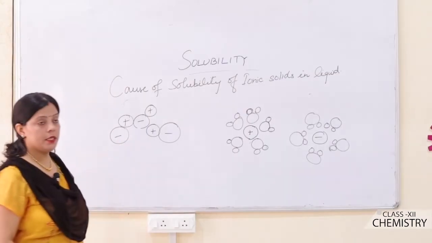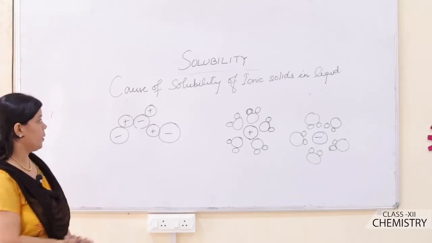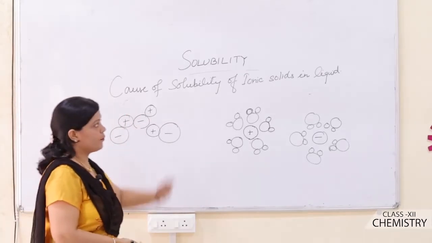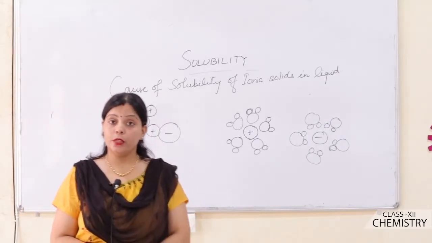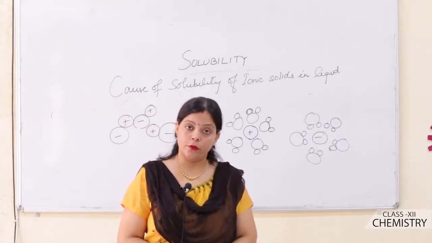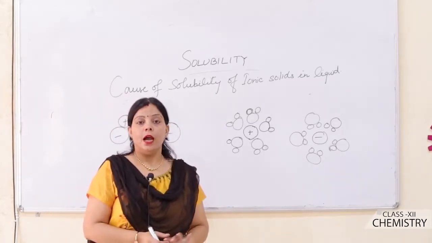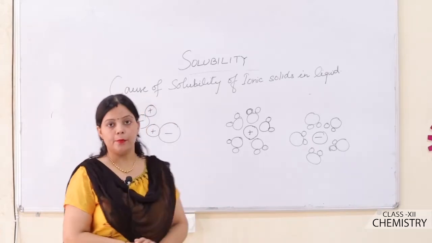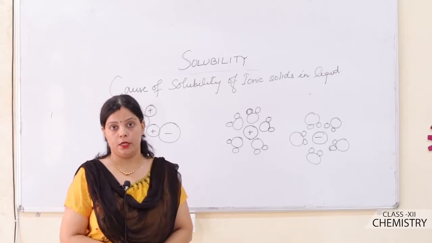Now, our next topic is what is the cause of solubility of ionic solids in liquid, how these ionic solids are dissolved in the liquid solvent. In order to understand this concept, I would like to take one example, that is the solubility of ionic solid in water.